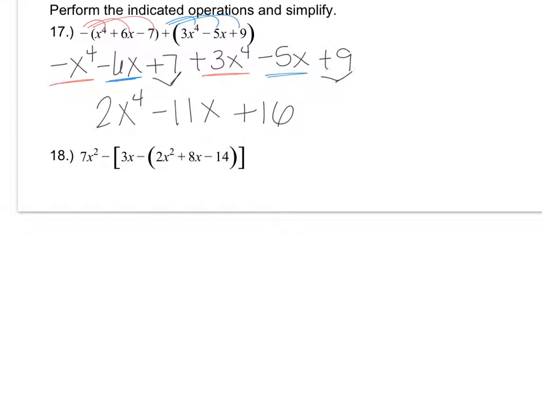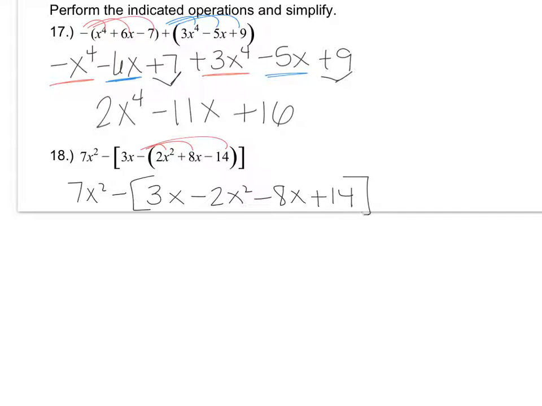All right, now if you have something like number 18, where you have a bracket and then also a parentheses inside, remember we start by working on the inside of the bracket and see what we can do with the parentheses. So in this case, this negative sign is going to distribute to everybody. So we have 7x squared minus my bracket, 3x minus 2x squared minus 8x plus 14.